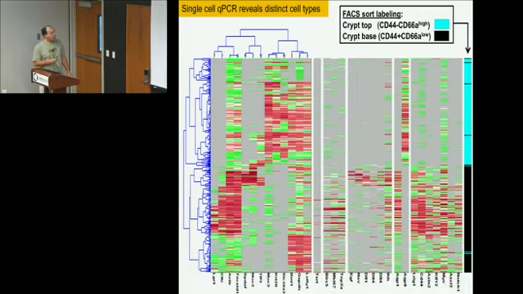And remember, I told you there were surface markers we could use to mark where the cells came from, so we could retain some knowledge of their geometry. We didn't use that in the clustering at all, but we can use that now to see, does the clustering bear any resemblance to reality? And it turns out, yes, the clustering does a really good job of separating cells that we know came from the top and were more mature from the ones at the bottom, which we know were stem-like.